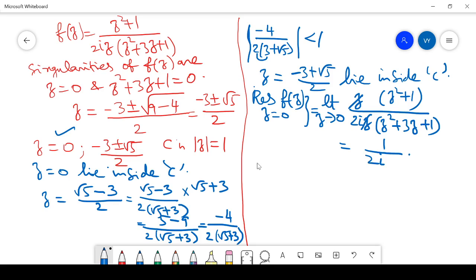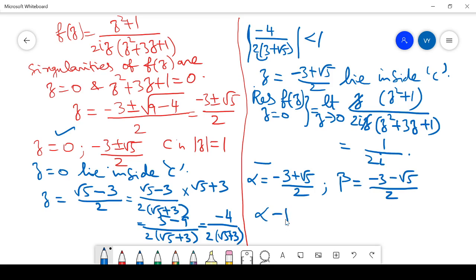Okay. So before evaluating the residue of f of z at minus 3 plus root 5 by 2, I require certain calculations which we will do now. Suppose I assume alpha as minus 3 plus root 5 by 2 and beta as minus 3 minus root 5 by 2.